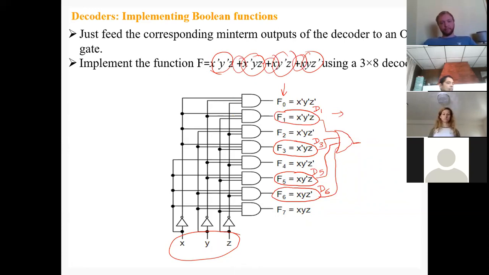How do you add them together? With an OR gate. That's all. If you have one OR gate with a decoder, you can implement any function. How cool is that? You can use a decoder to implement any function just by adding one OR gate. Isn't that cool? I loved it.